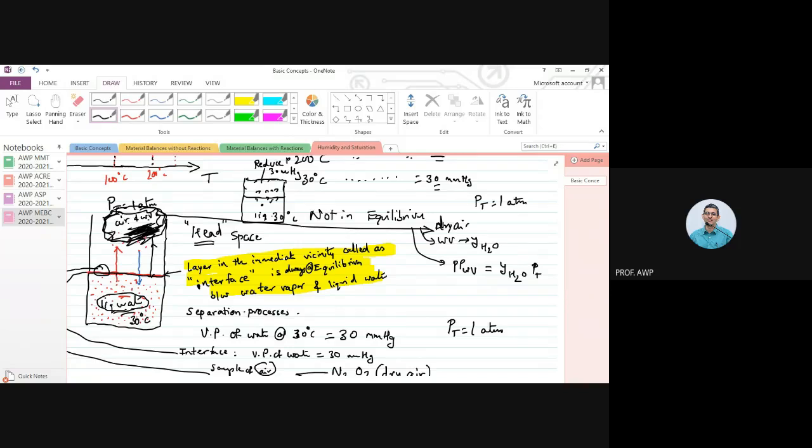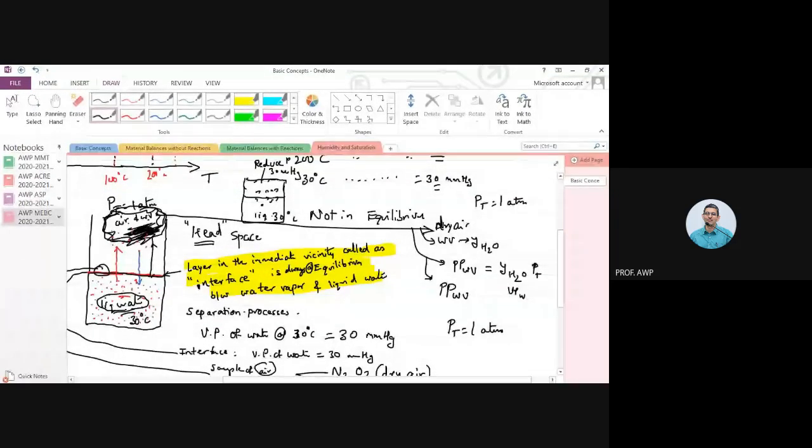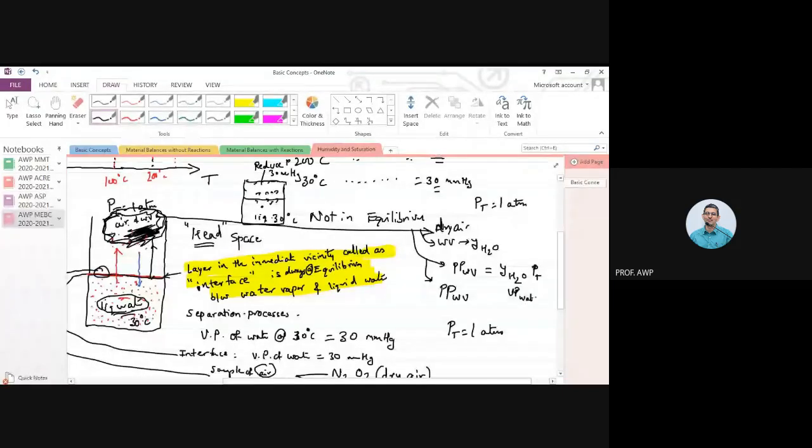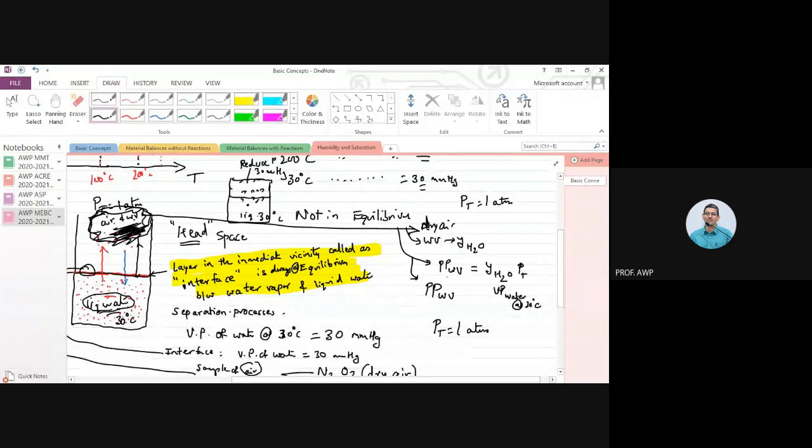So then what can we say about partial pressure of water vapor in this air and vapor pressure of water at 30 degrees centigrade, at the temperature of your water in the bottle? What can we say about these two?